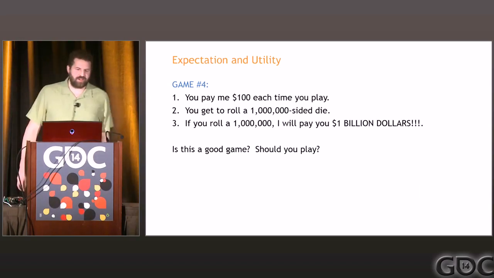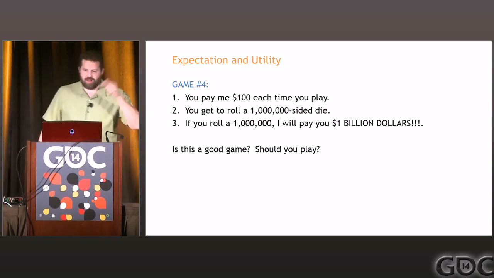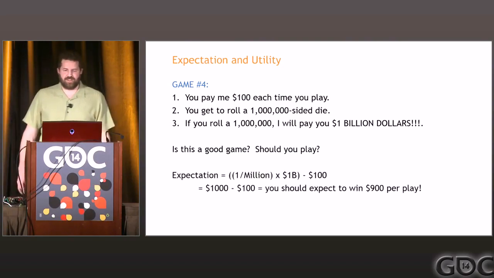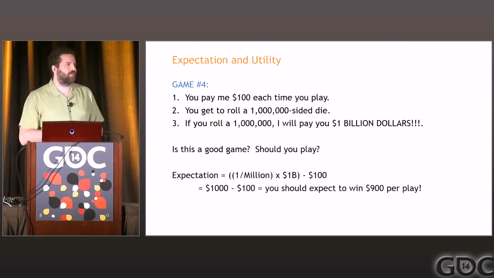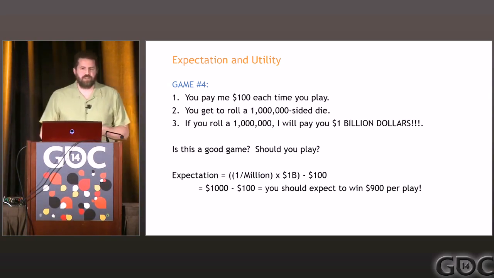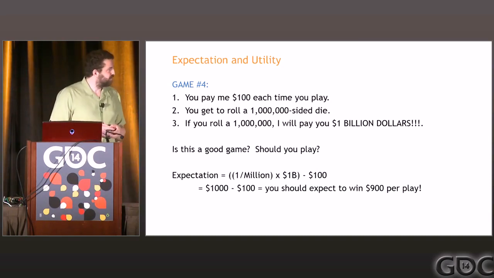Another example, you pay me $100, you get to roll a 1,000,000-sided die. If you roll 1 million, I'll pay you $1 billion. So you should win on average $900 per play, right? But that's ludicrous. Really what you're going to do is just give me a whole bunch of money, or I'm going to go bankrupt.